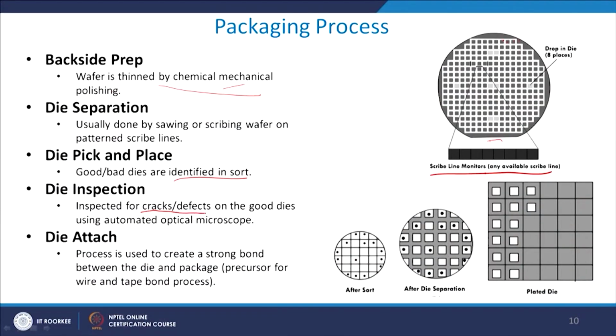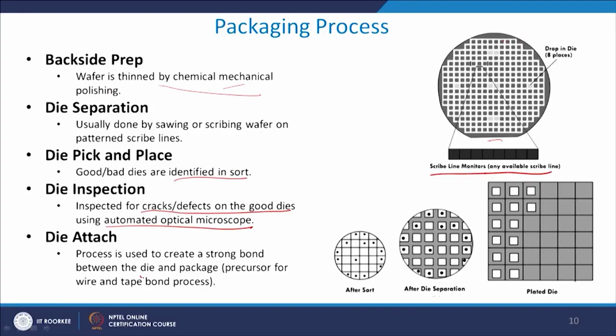You do die inspection for cracks, physical cracks and defects, and generally we use an automated optical microscope, and that is enough to see whether a die has cracked, or if it has not cracked, whether there is any physical discontinuity within the package itself, and if there is, it is automatically removed from the system.